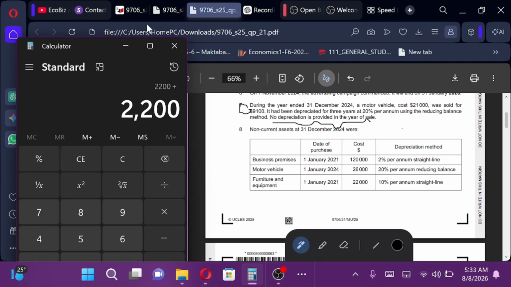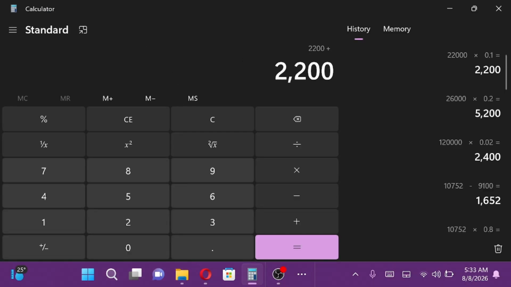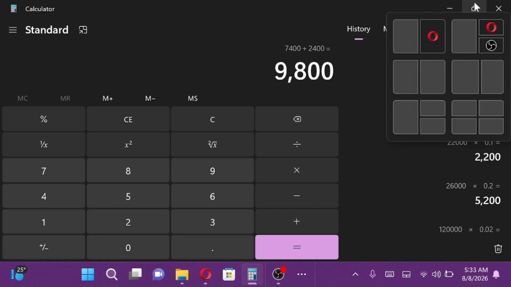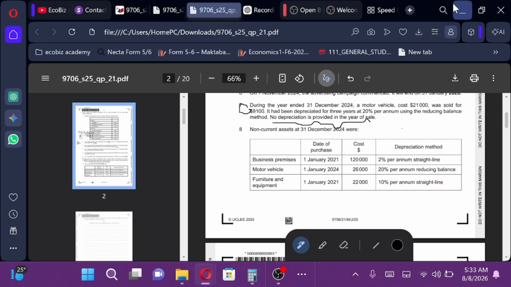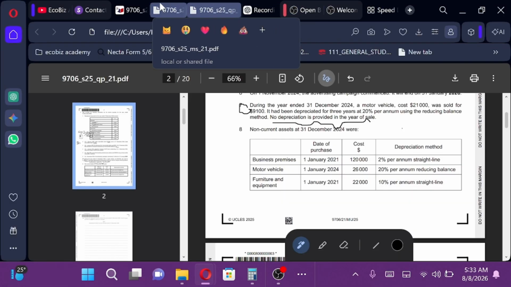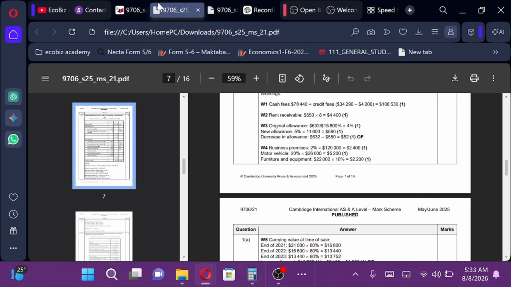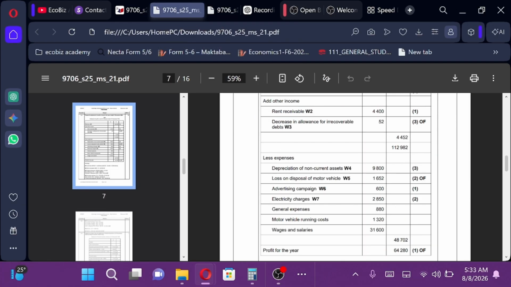So after this, we take 2,200 plus 5,200 plus 2,400. What do we get? We get 9,800. Now this is the amount of depreciation for the non-current assets. Let's double check here. Yeah, we're correct. So we have 9,800.